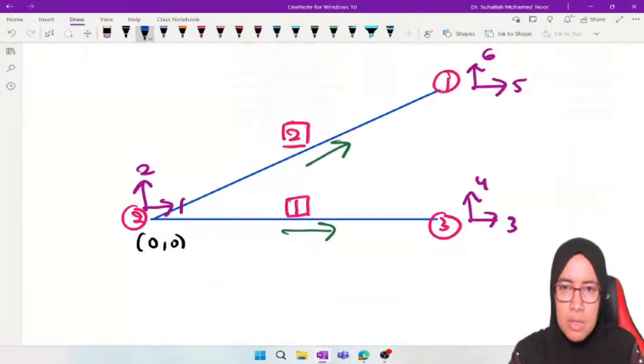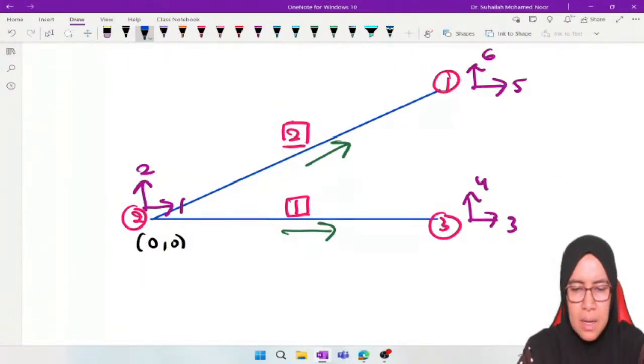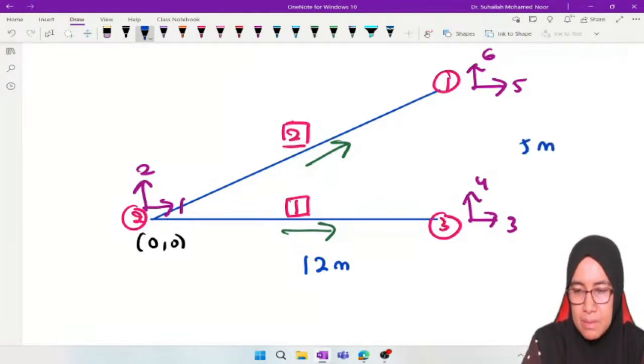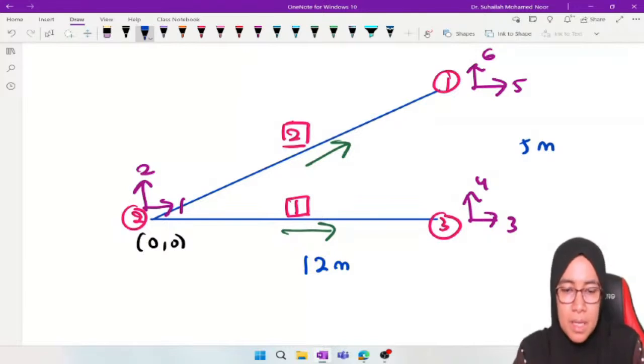Looking into the diagram, I change the distance. Let's say this is 12 and this is 5 meter. 5 and 12.